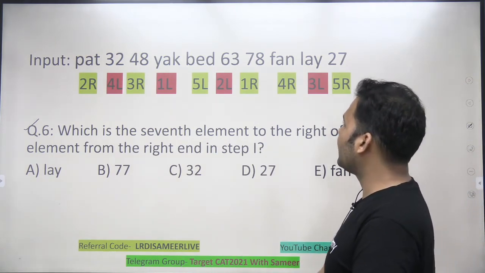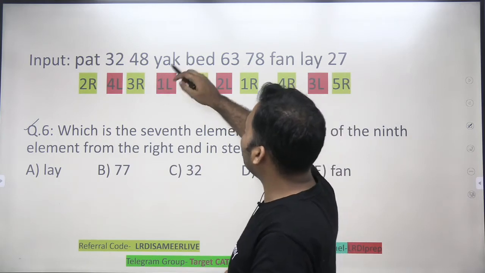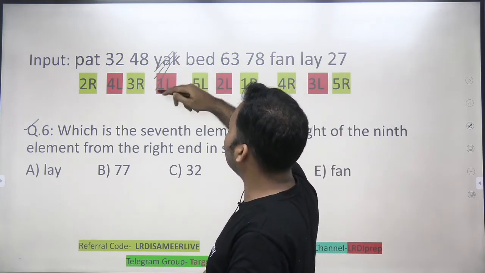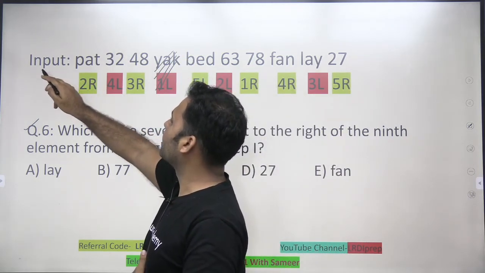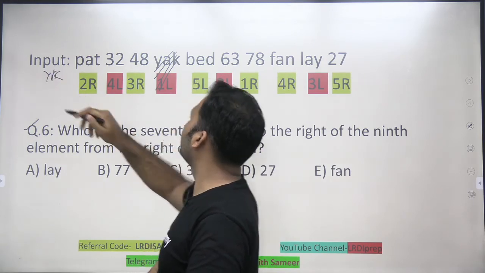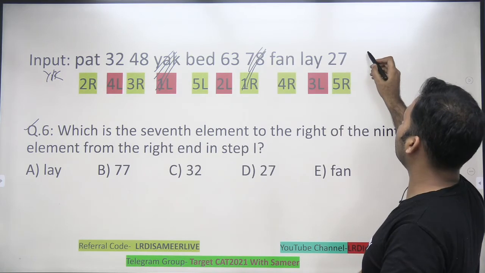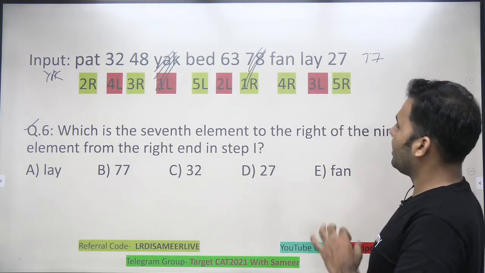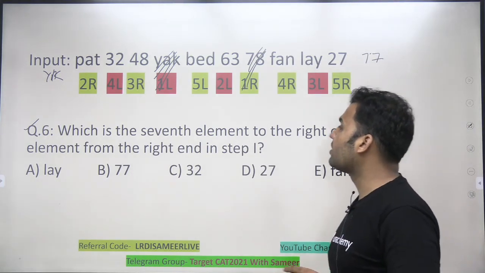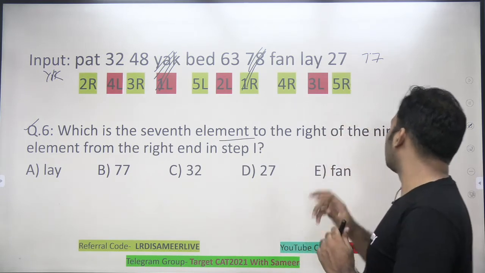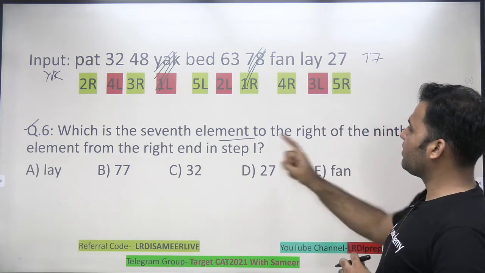So guys, in step 1, I'll have only 2 elements getting positioned. The word YK will be positioned over here, and 1R will be positioned on the right hand side, 77. Now in step 1, I'm supposed to find the 7th element to the right of the 9th element from the right end.